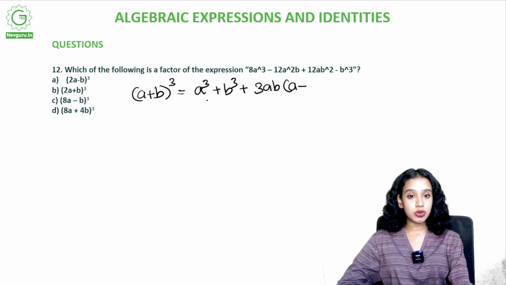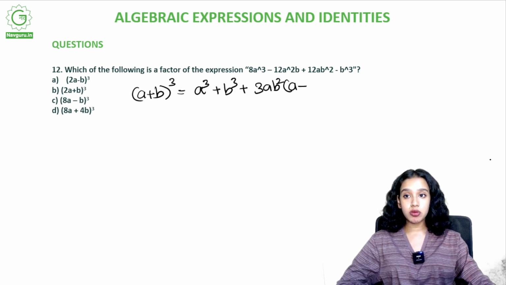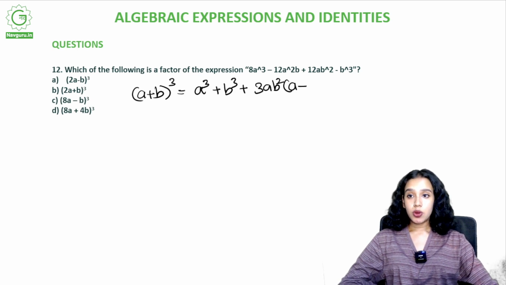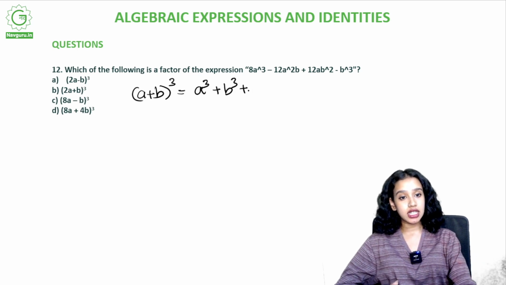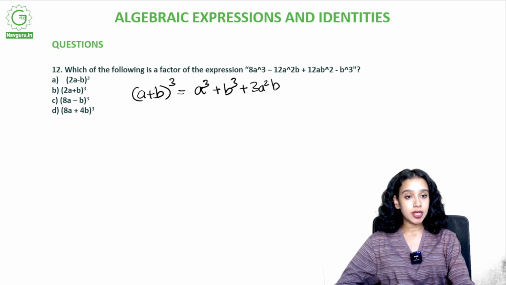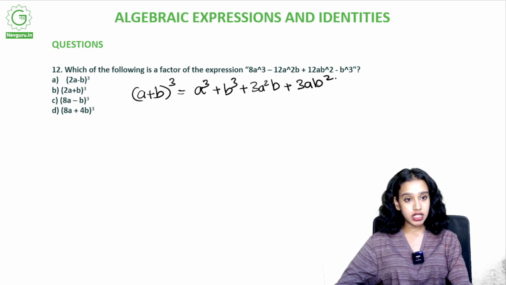A plus b the whole cube is a cube plus b cube plus 3ab square plus 3a square b that we talked about earlier. We have a cube plus b cube plus 3a square b plus 3ab square, right?